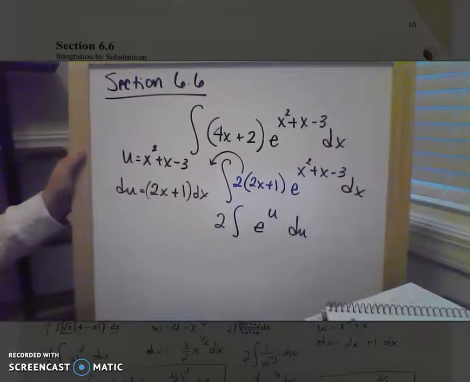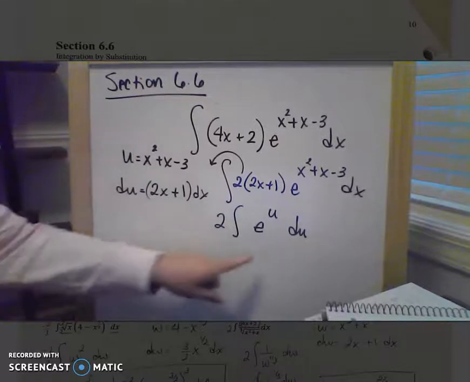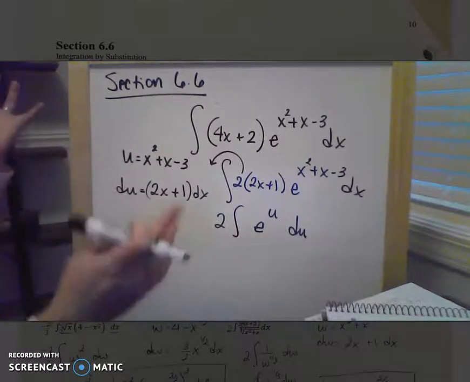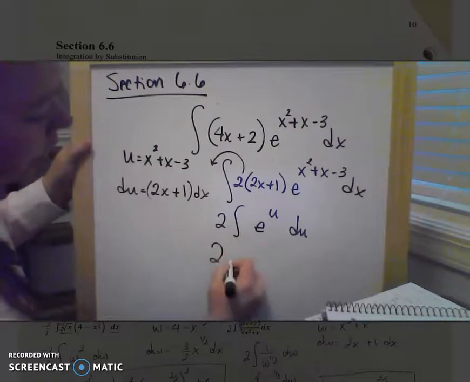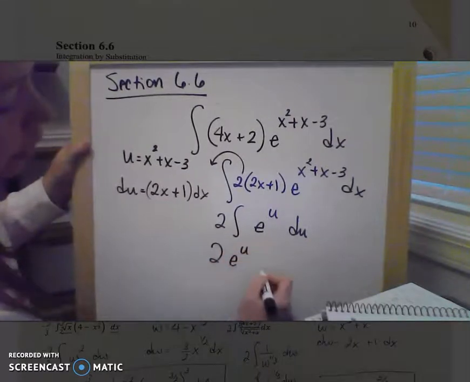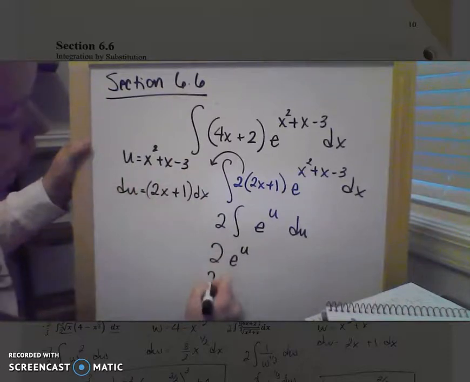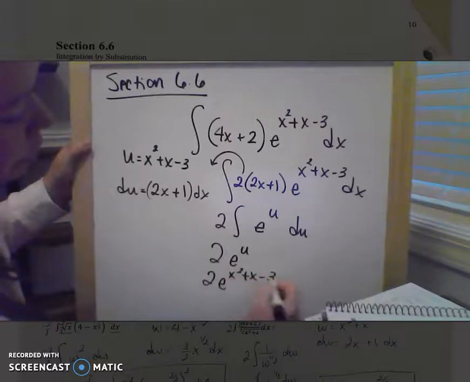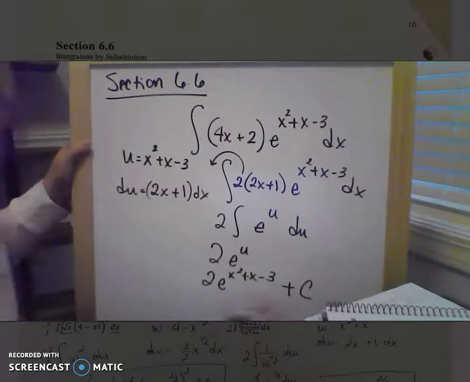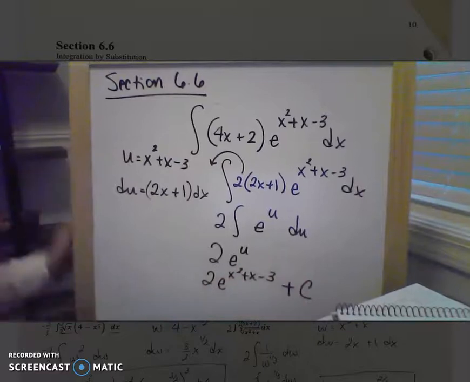And that looks much, much better. Now we're back to a basic antiderivative. E to the u is just e to the u, so 2e to the u, but then you need to replace that u with the polynomial. So you get 2e to the x squared plus x minus 3, plus c. And that's your answer. Hopefully you can see that.